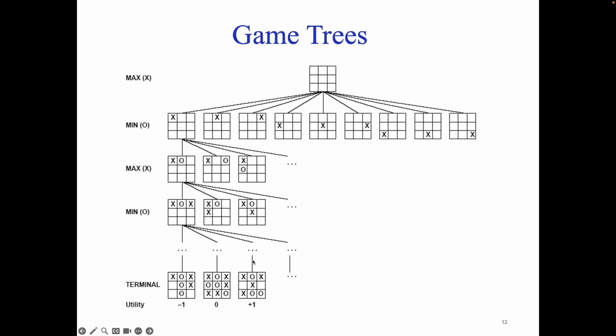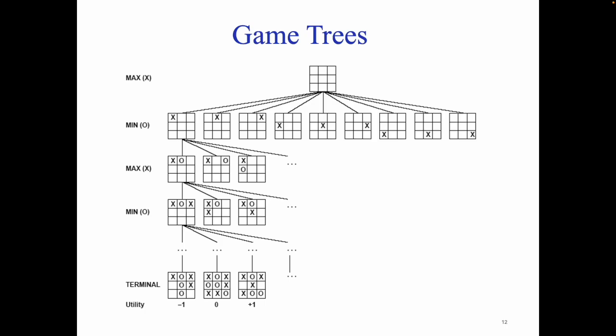And X wins if we have, I assume that you all know this, but in case you don't. If we want to see when X can win, either all the horizontal spaces are occupied by X, or we have it vertically, or even diagonally.